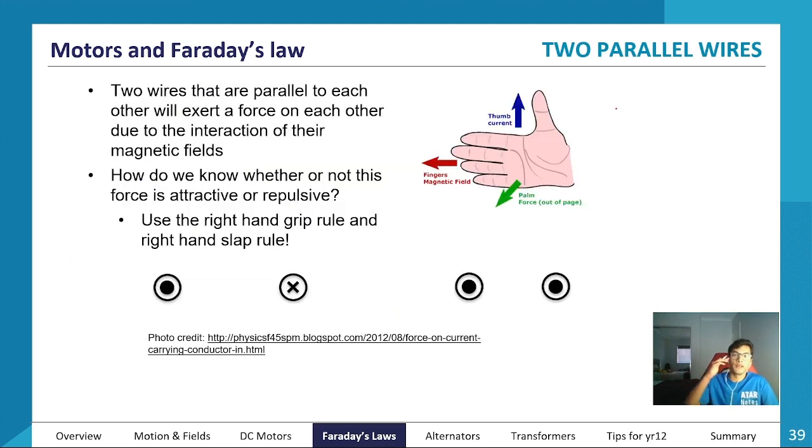Cool. So another type of scenario that we can have is if we have two wires that are next to each other, and they are carrying some sort of charge. When you have two wires next to each other carrying charge, they will induce a magnetic field.